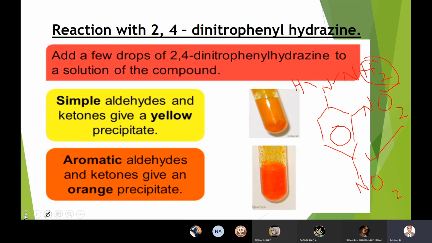If there are simple aldehydes in your sample, you get a yellow precipitate. If there are aromatic aldehydes, you get an orange precipitate. Anything on this identification test? Any questions, please? Aisha, Usman, Gaby, Nadali, and Asliya. Yes, sir. No, sir. Hope I am clear with this.